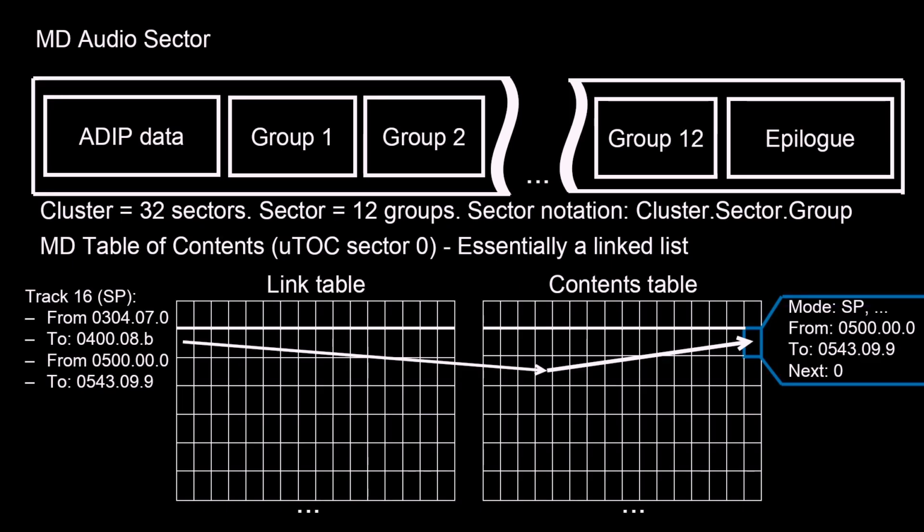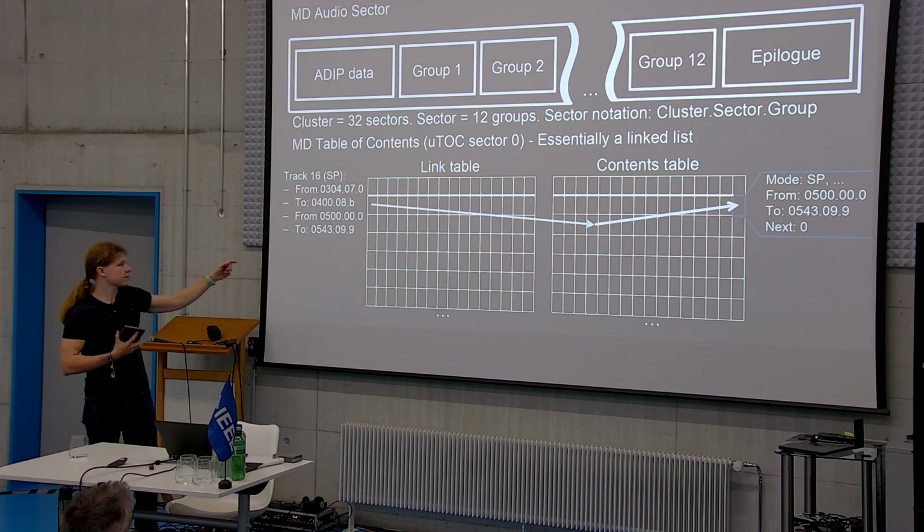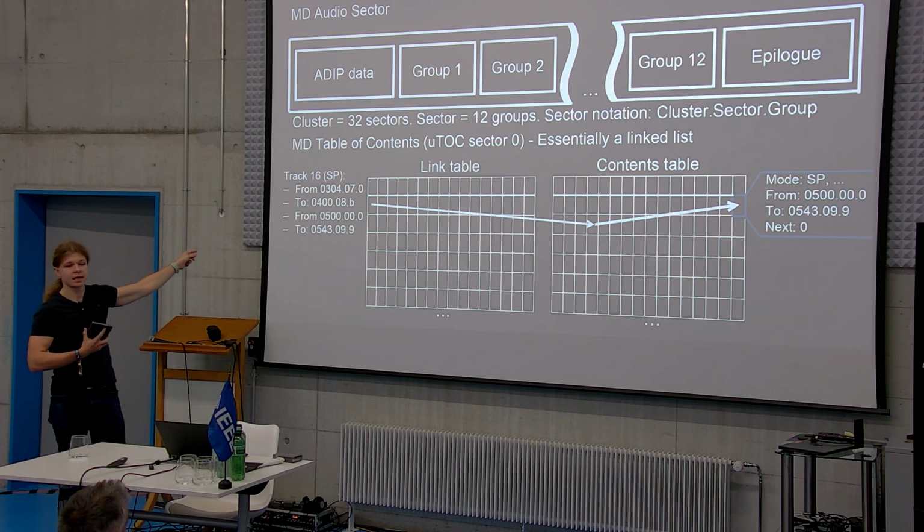This is the 16th cell of that table, and it points to this cell in the contents table, and that cell contains the first two records, so from sector 304.070 to 408B, and it says that the next cell is that one over there, and that cell contains the second record. So you can see this is the first set of contiguous audio, and then this is the other one.